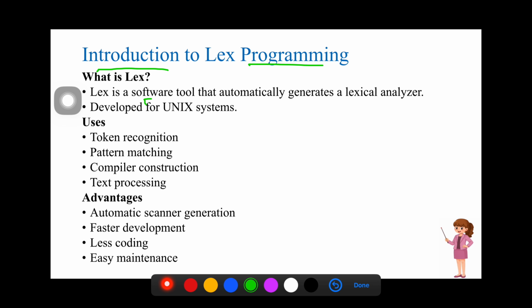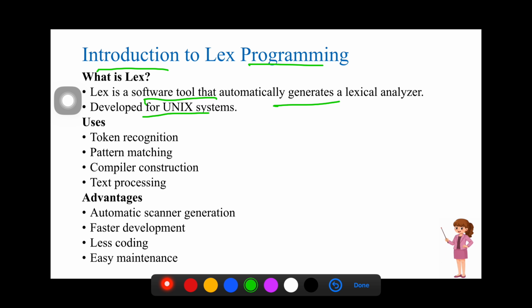Introduction to Lex programming. Writing a lexical analyzer manually can be difficult and time consuming. To simplify this task, we use a tool called Lex. What is Lex? Lex is a software tool that automatically generates the lexical analyzer from rules written using regular expressions.